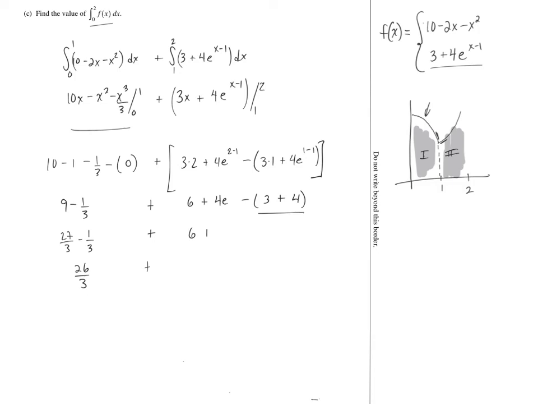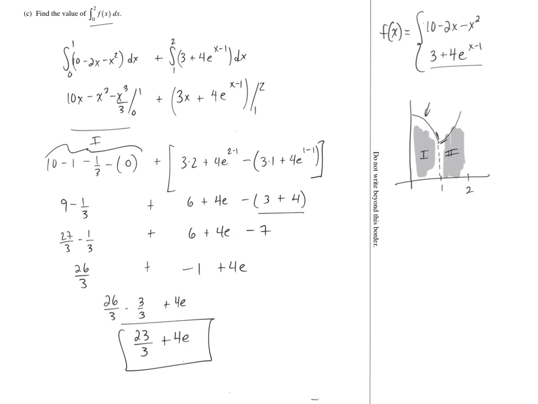So we have 6 plus 4e minus 7, which is negative 1 plus 4e. And then, of course, 26/3 minus 1 is like 26/3 minus 3/3 plus 4e. So we get 23/3 plus 4e. And that is our area of both region 1, which was this stuff, and region 2, which was that stuff.